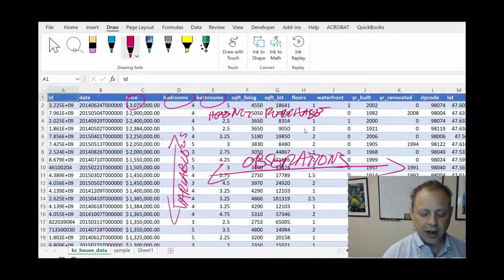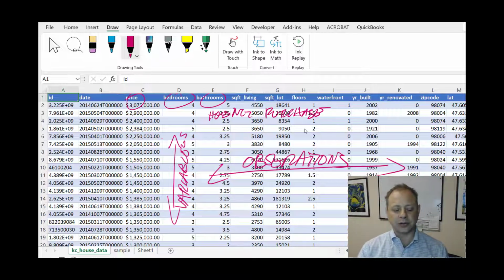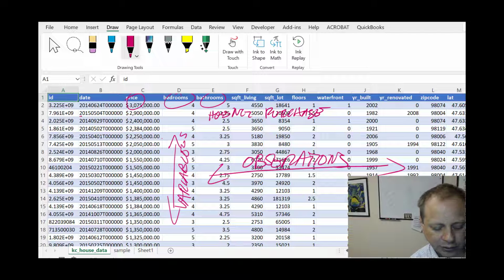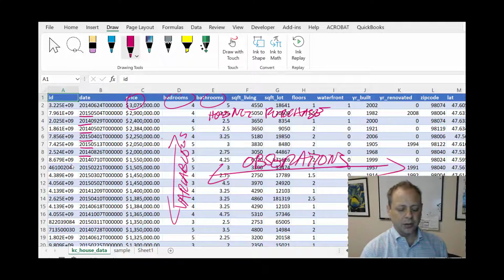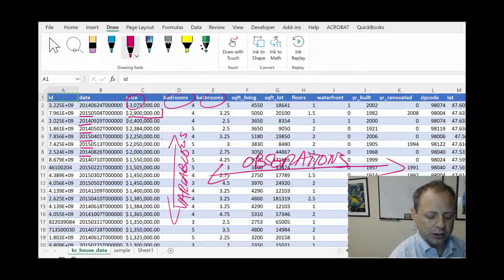So they describe a house at a particular moment in time and the price of that house at that particular moment in time, right? So these houses were all sold in 2015, and you can see over here that you have this time date stamp, which I'll do a video on later. So in 2014, 2015, this particular house was $2.9 million.